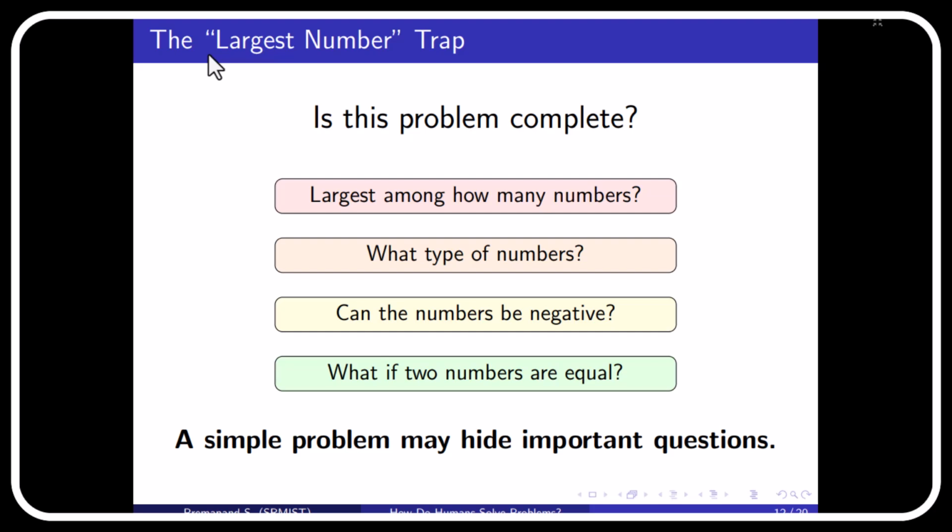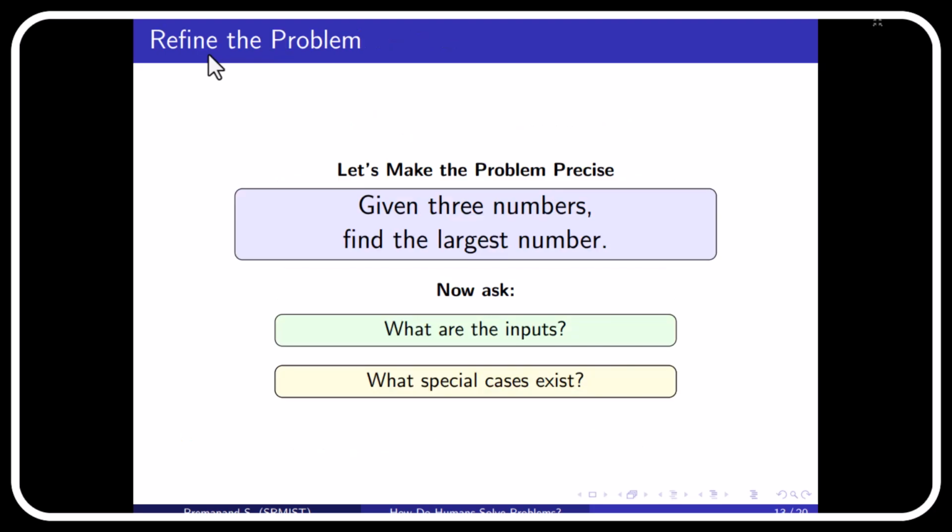So let's make the problem precise. Instead of saying find the largest number, let's say: given three numbers, find the largest number. Much better, right? Now we know exactly how many numbers we are dealing with. Our inputs are three numbers. Our output is the largest number.